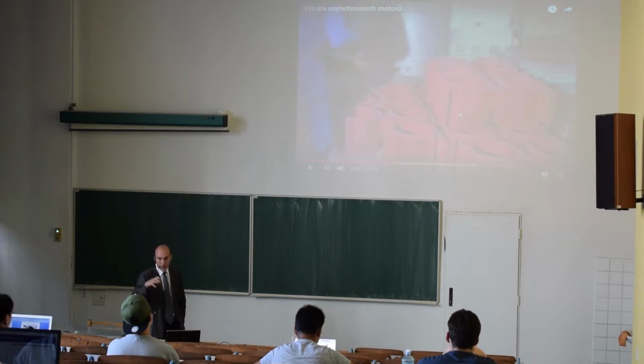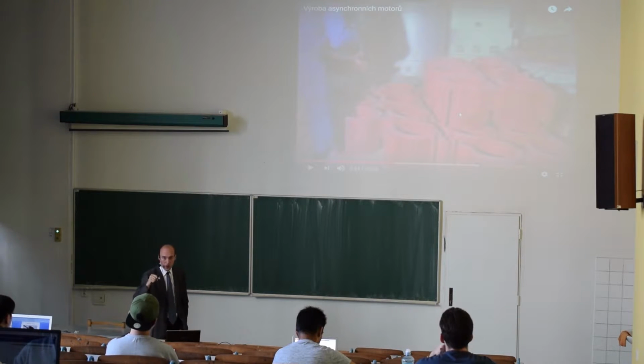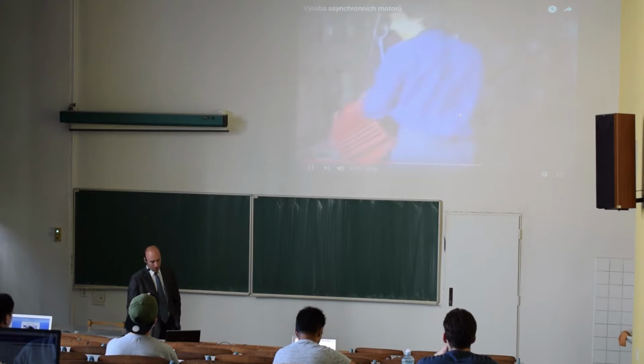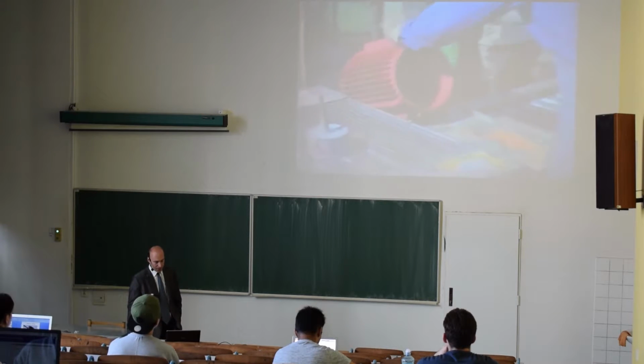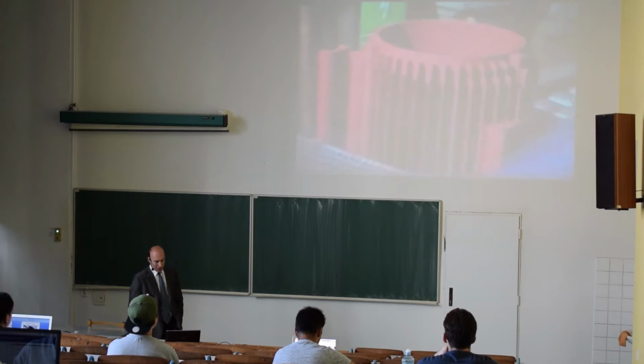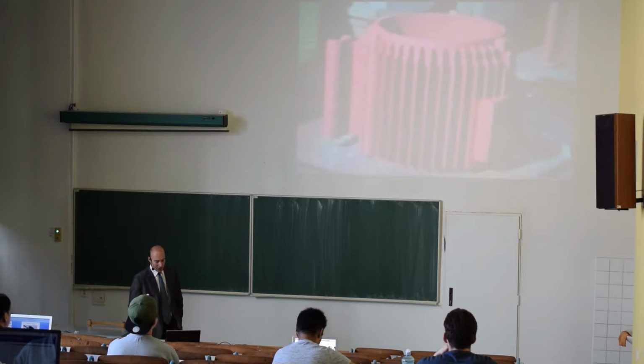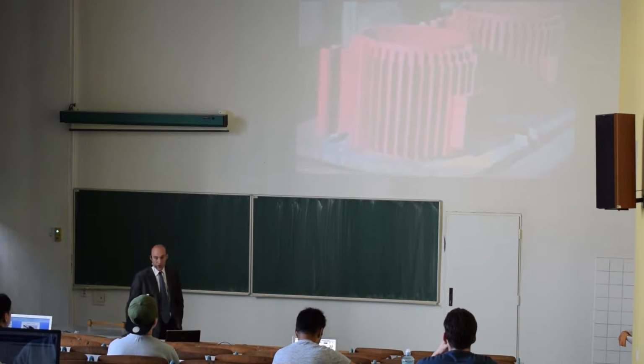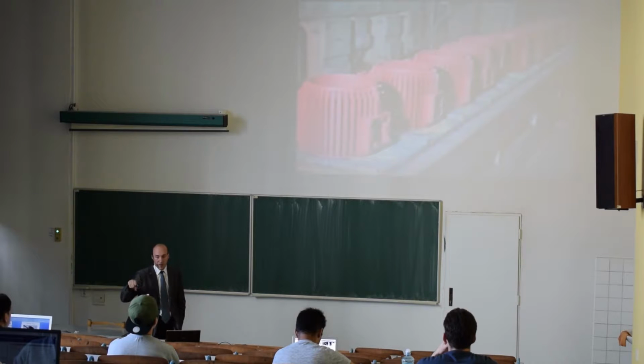So this will be the stator, so that's the cover, and they will take the magnetic circuit, insert the coils inside, including insulation. Now this will be drilling of holes, tapping, and so on.